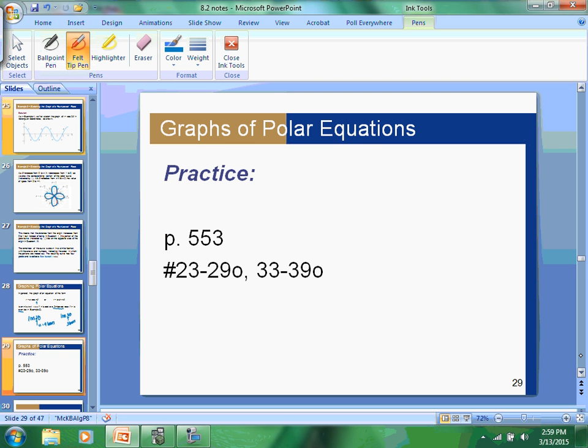So definitely practice these graphs. These are probably the most complex graphs you've done so far because it's a new system. You've never graphed polar stuff. You've never graphed little hearts or little roses. But again, remember your calculator can do this. Your calculator can double check it for you, but don't rely on that table of values in your calculator because it's just going to give you random decimals.